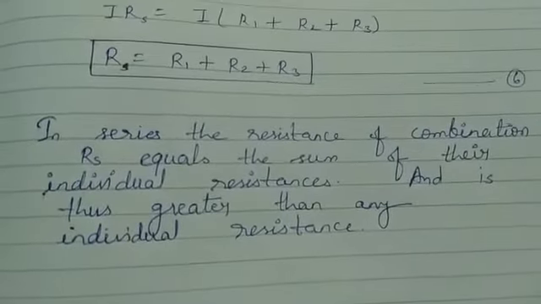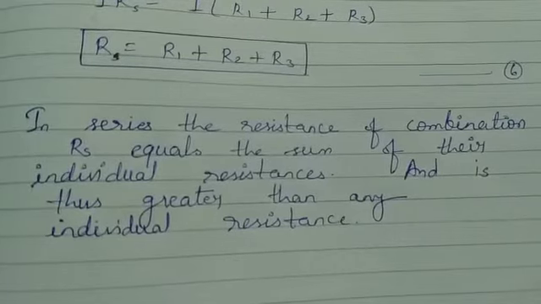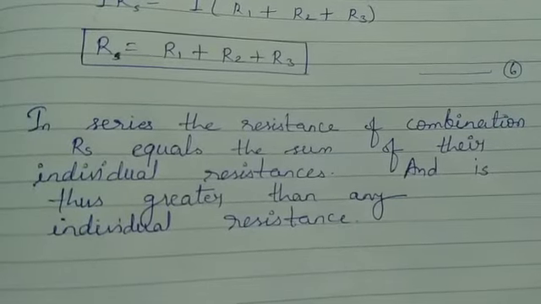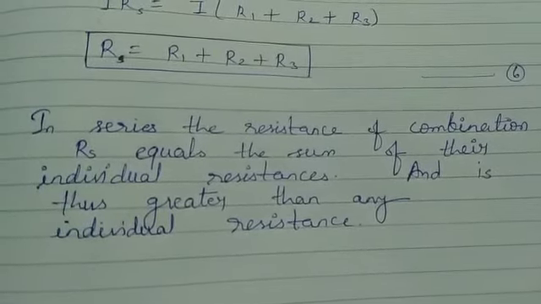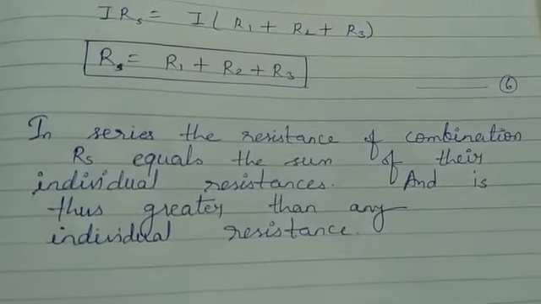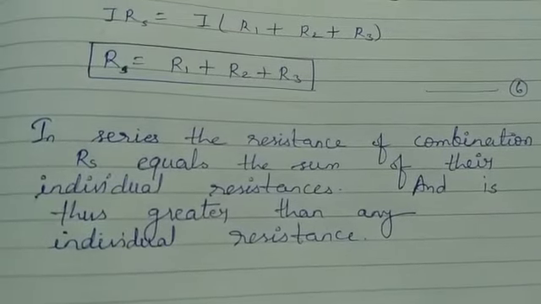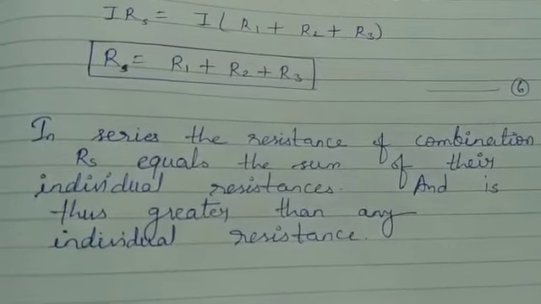So we conclude that in series the resistance of the combination RS equals the sum of their individual resistances and is thus greater than any individual resistance.